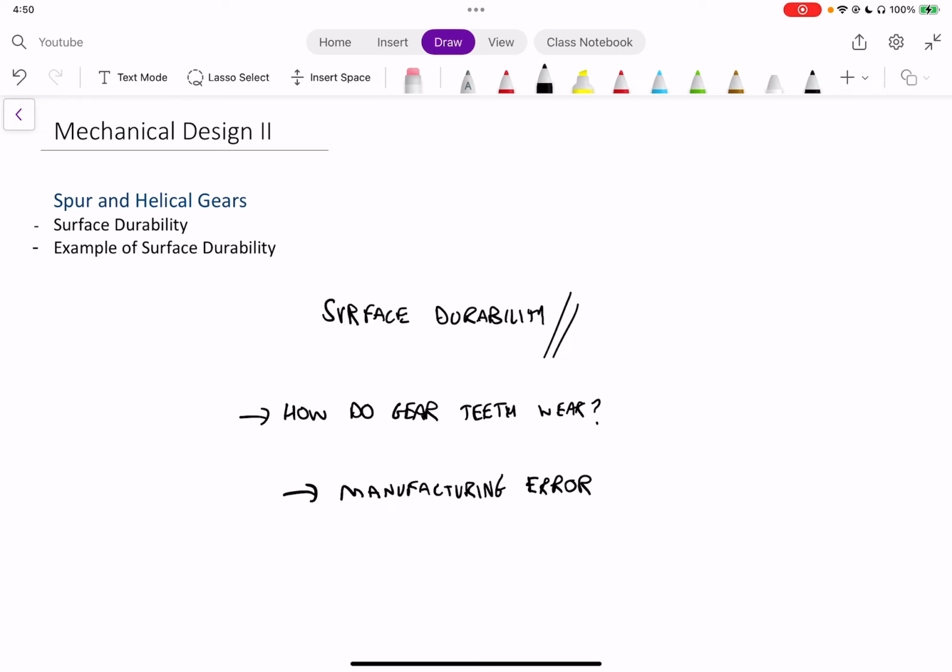Another way in which they wear is through a process called pitting, which is failure due to repetition of high contact stresses.